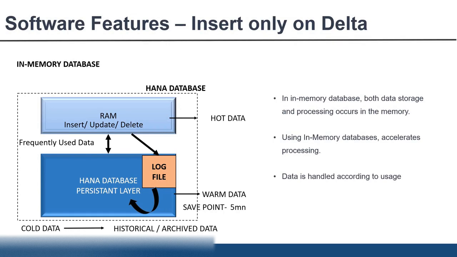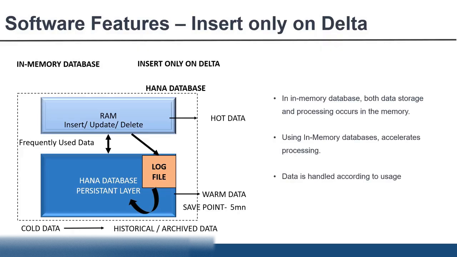Whatever changes are recorded in the log file will be done in the actual database tables. Again, the hot data will be loaded into RAM. So this is how SAP takes care that even though the user is doing the changes in the hot data in RAM, you are still safe. SAP is taking care that those changes are recorded into the persistent layer.